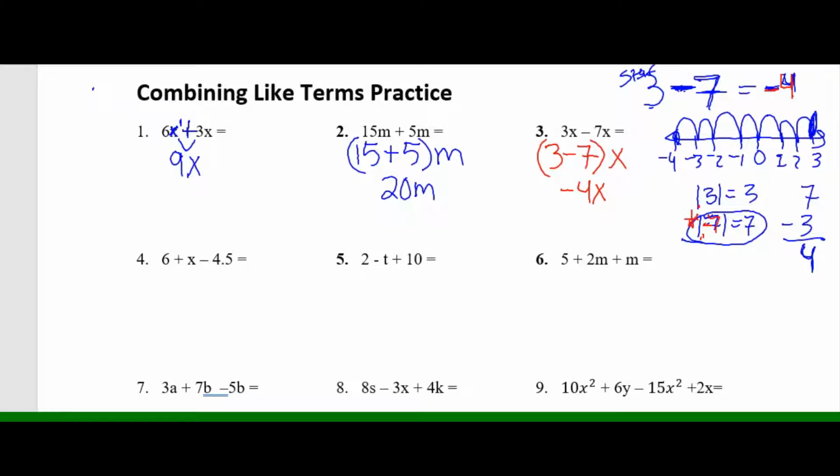The next one, we have to make sure we pay attention to our like terms. So we have a constant here, and then we have a constant here. You want to make sure you keep the sign that's in front of the constant, because you have to know what to do with it. So we need to combine 6 minus 4 and 5/10.